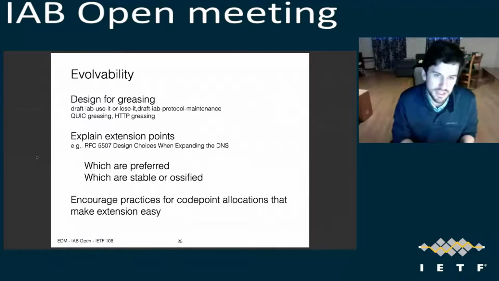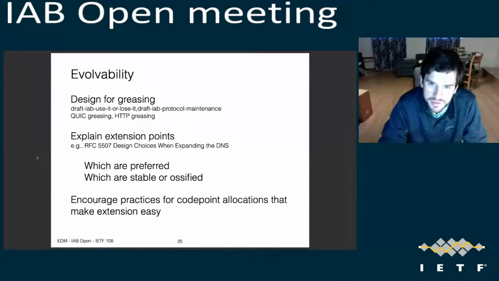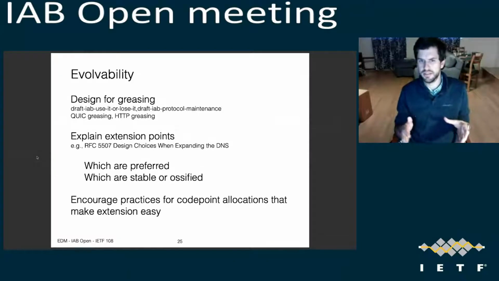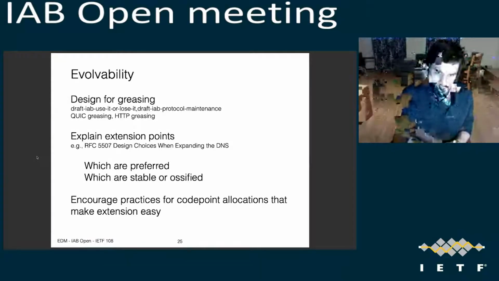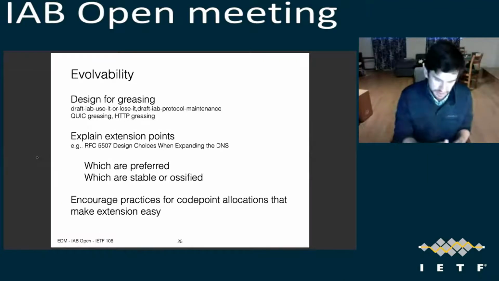There are already IAB RFCs that talk about how to extend specific protocols, such as RFC 5507 on expanding DNS and talking about all the different options you have there and what is the best way to extend things. And I think this is a very interesting area, specifically when you're looking at protocol evolution, because you may have certain extension points that are preferred to try new things with. These are the points that should be greased.